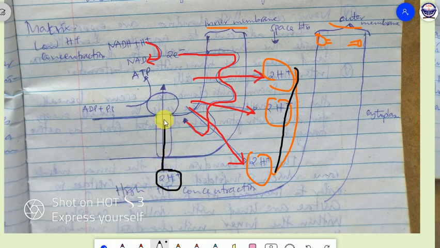So hydrogen zina-pass, lakini zinapopita pale hapa kuna enzyme ATP synthase. Kwenye hii kuna ATP synthase ambayo inakataza formation of ATP. So that's why at the end of the day tunafika kule mwishoni ambako tunakuwa tunatengeneza ATP.